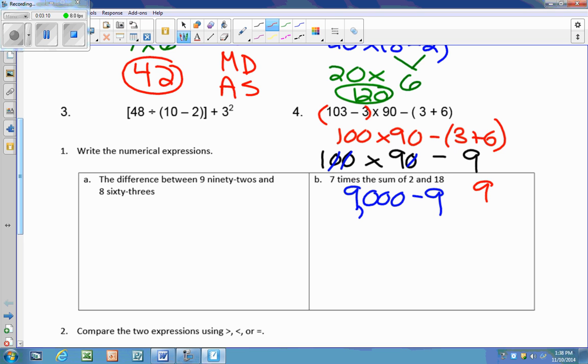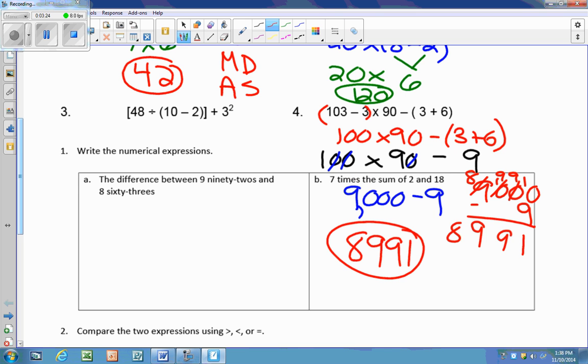Some people might need to do this to make it easier for them to subtract. So you can do that if it will help you. And then our answer would be 8,991. And we would circle our answer. Those are the first four for order of operations.